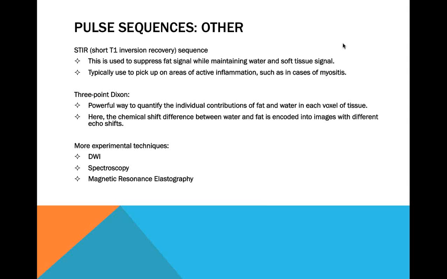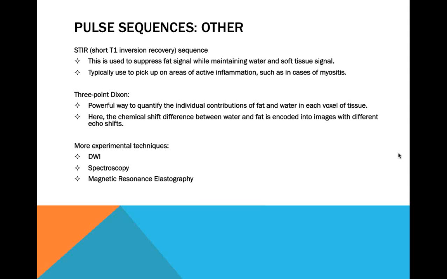So one of them is called the 3-point Dixon, which is a powerful way to quantify the individual contributions of fat and water in each voxel of tissue. So they basically assess the chemical shift difference between water and fat, and it encodes images with different echo shifts. So that's being checked out.